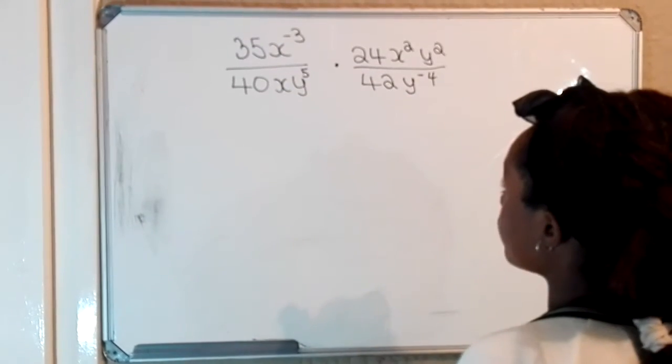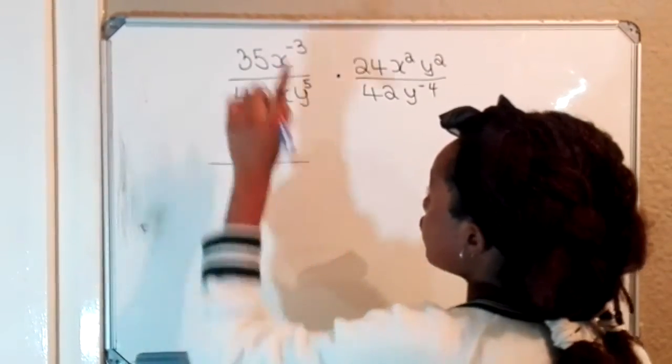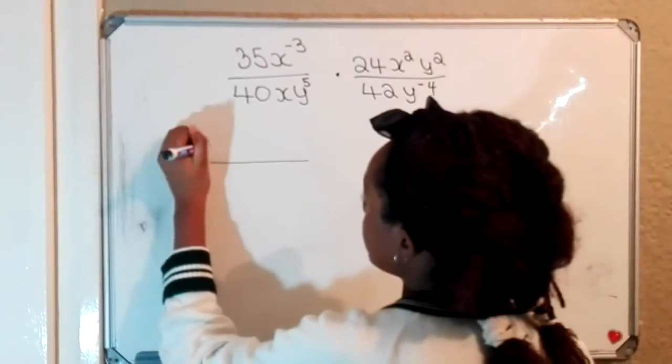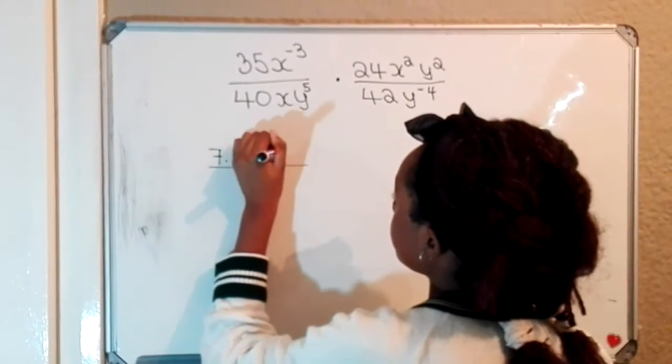So when I'm looking at this one, I'm going to first put this like this. 35 we can also write as 7 times 5, and then we have x to the minus 3.